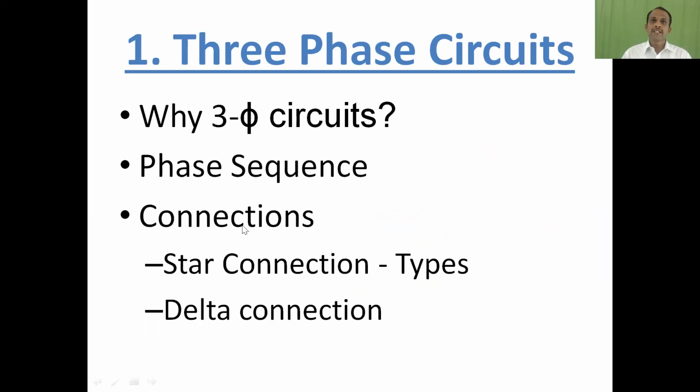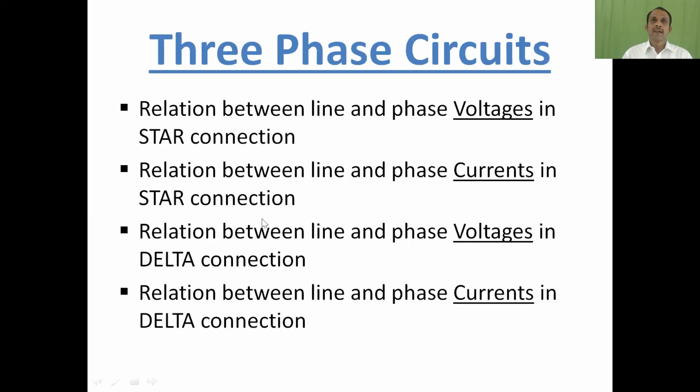Later we have three phases. How do you interconnect them and make them star and delta? In star, we still have three connections. If a wire is connected from the neutral point, it is called a three-phase four-wire system. If the wire is not connected, then it is called a three-phase three-wire system. After knowing about interconnections, we are going to study the relationship between their voltages and currents.